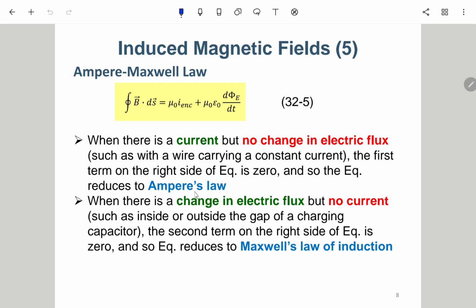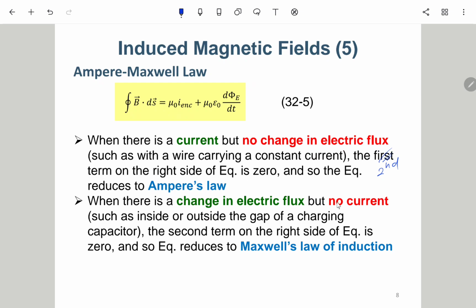So the first term, I think it should be the second term. 就是说，如果只有一个电流的话，没有电场的改变的话，就第二项会变成0，它就会缩减到成为一个 Ampere's law.